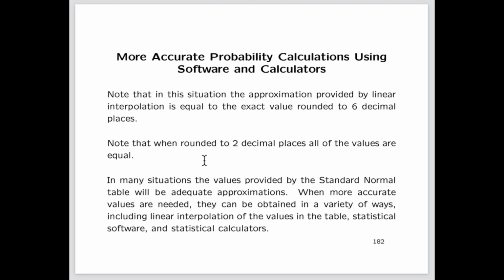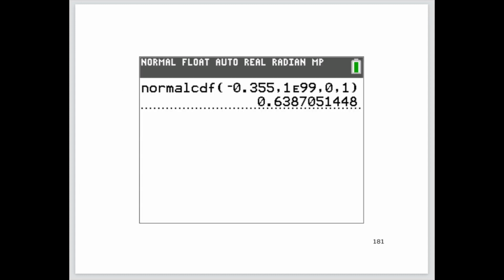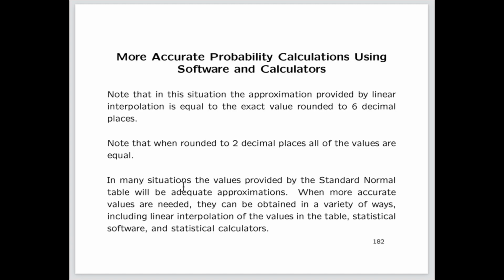So the bottom line is, if you need really, really high precision, then you may want to use linear interpolation, or you may want to use SAS software or a calculator like the TI-84. But in many situations, the values provided by the standard normal table will be adequate approximations for all intents and purposes.